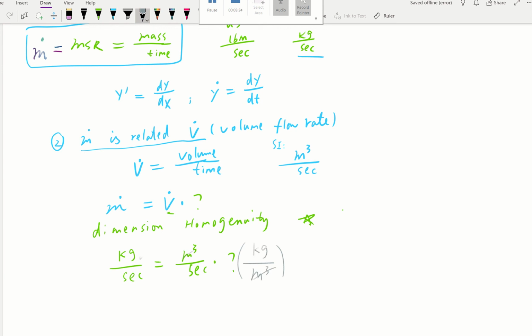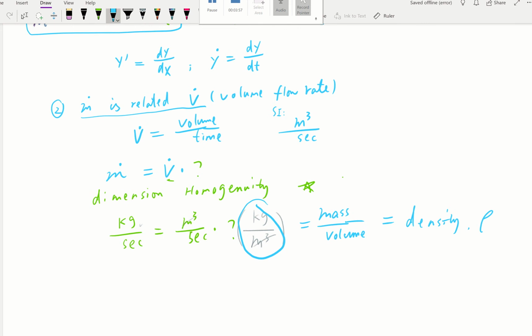So it is kilogram per meter cubed. What is exactly kilogram per meter cubed? That is mass over volume. What is mass over volume? That is our density, rho.